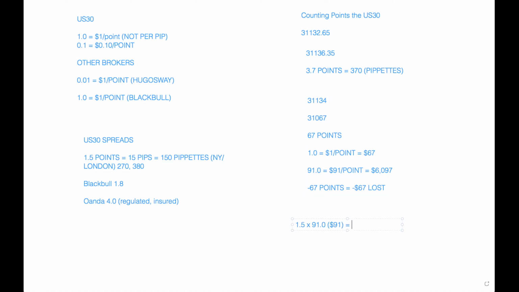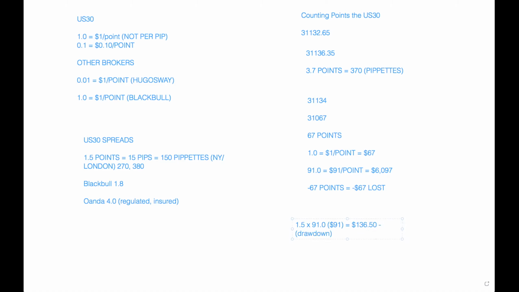So if I'm automatically starting the trade negative 1.5 points, then you would go 1.5 times 91. So I'm going to start the trade immediately $136.50 in the negative or in drawdown because of the spread.